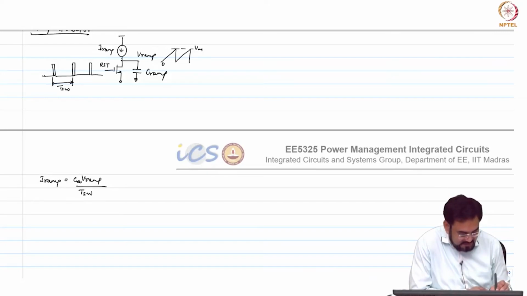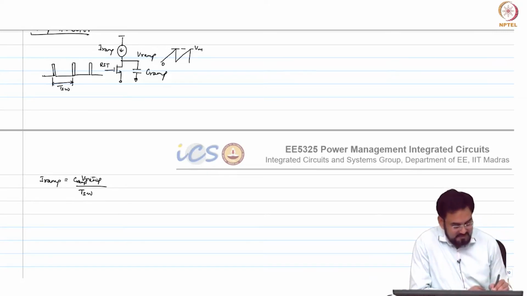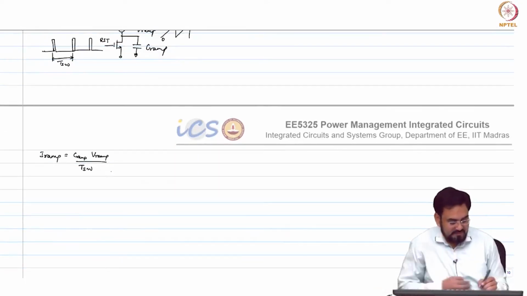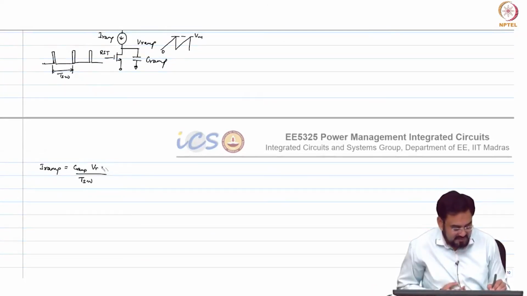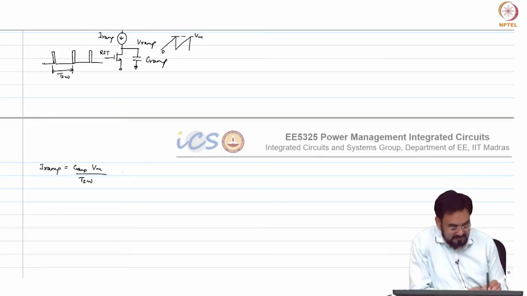C is actually CRAM, and VRAM is actually VM, correct?